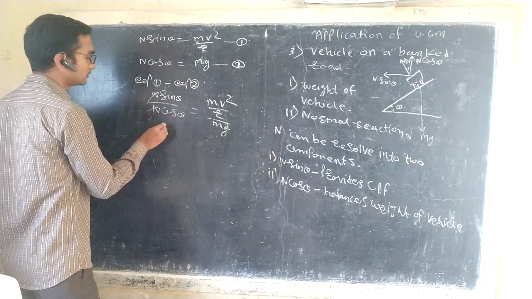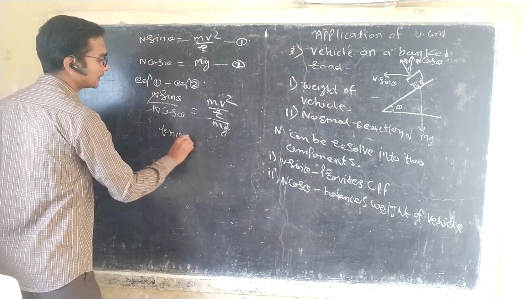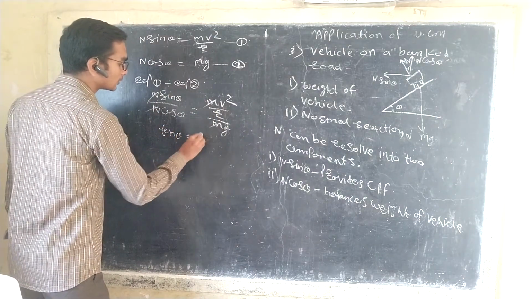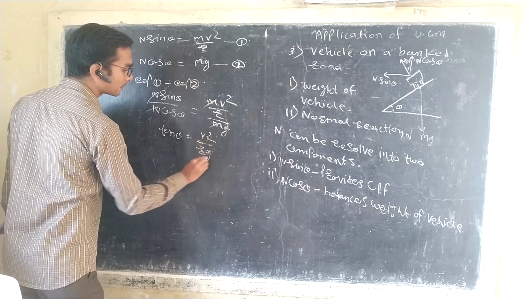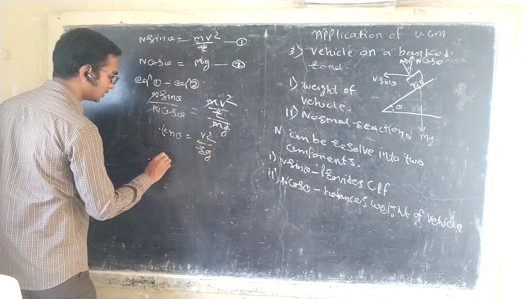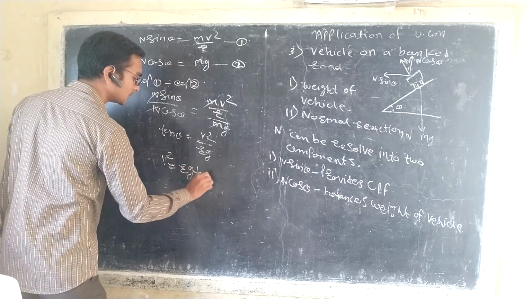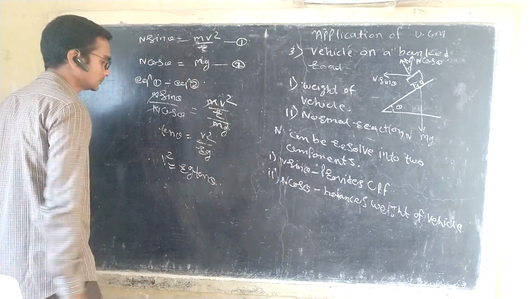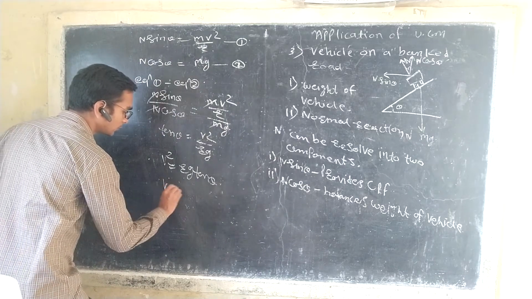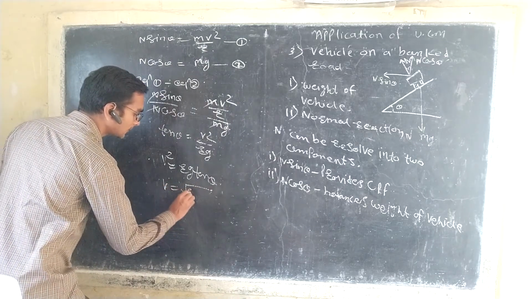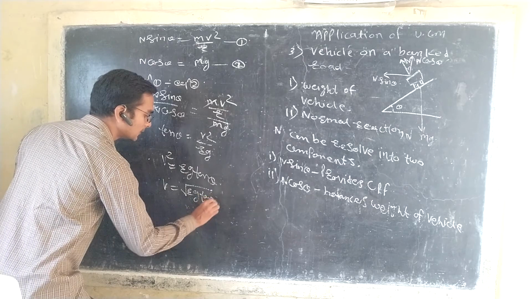By simplifying, we will get tan theta equals v square by rg. Therefore, v square equals rg tan theta. Taking square root, v equals under root rg tan theta.